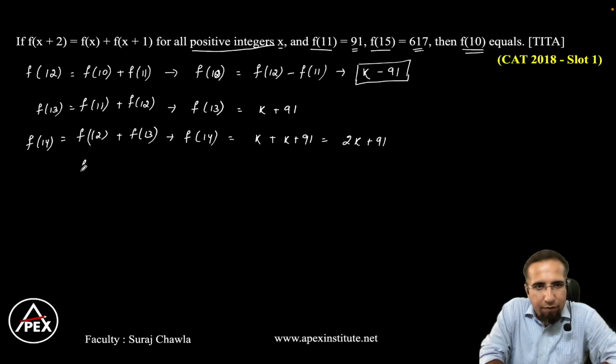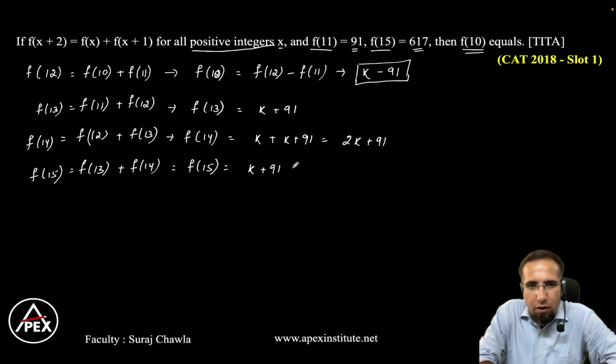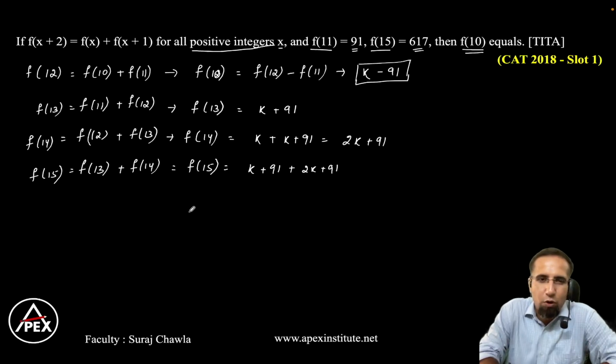Now let's check finally. If I replace x is equal to 13, this is f(13) plus f(14) is equal to f(15). What is f(13)? That is k plus 91. And what is f(14)? That is 2k plus 91. So what do we get eventually?